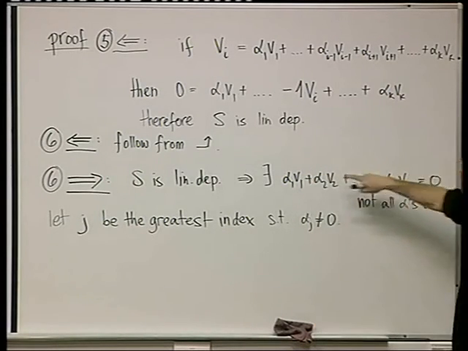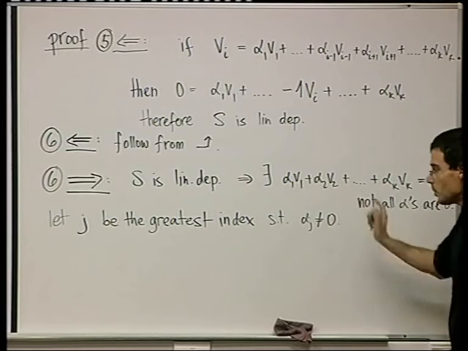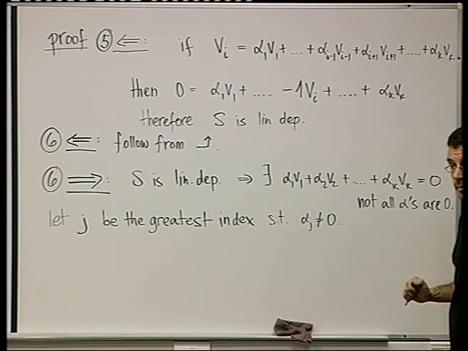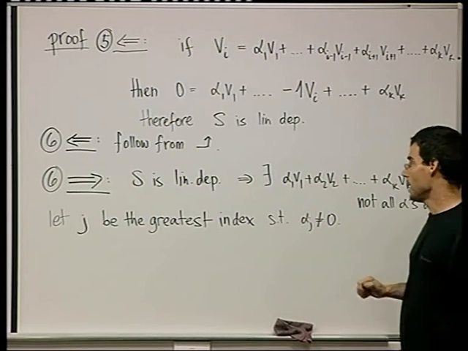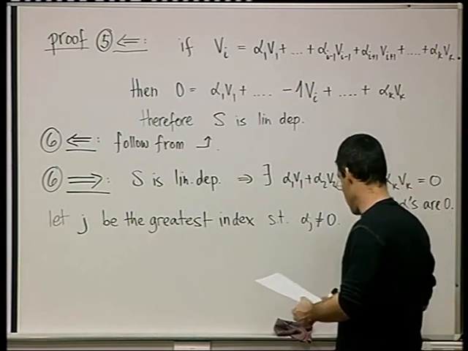So maybe there are 15,000 vectors here, but only the first 3 are not 0. All the rest are zeros. So j would be 3. Okay? Good? Okay. So let j be the greatest index such that alpha j is not 0.